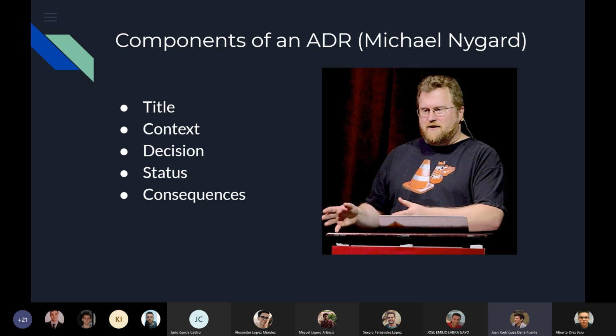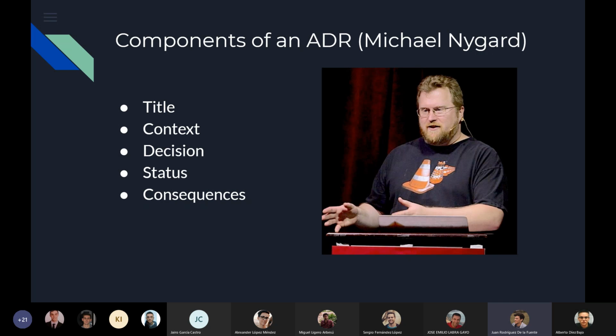The status, as we said before, specifies the state of the decision. It can be proposed when we propose an ADR to the stakeholders, but they haven't agreed with it yet. It can be accepted if they agreed and rejected if they didn't.